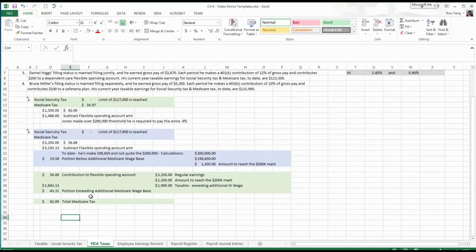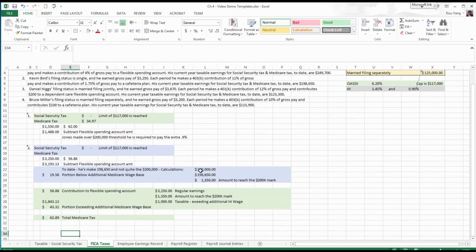So I went ahead and said, okay, well, he's going to be taxed at a different amount once he reaches 200,000. So how much does he need to be able to reach that 200,000 for the regular 1.45% rate? So what I did was I took, once again, his regular pay, okay, and then subtracted, well, I took the 200,000, subtracted what he has earned up to date to get a difference, and this difference is what he's going to need to reach that 200,000, which means this is the amount that's going to be taxed under the regular 1.45% rate.